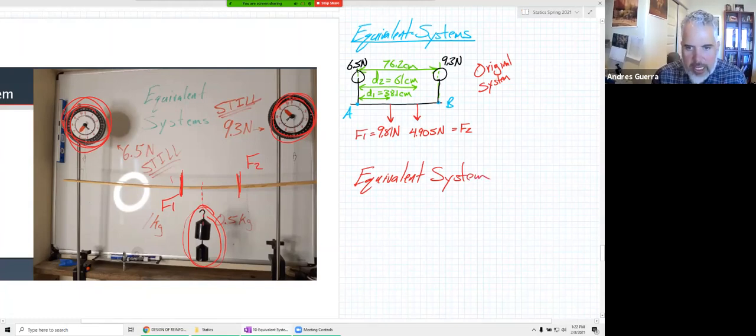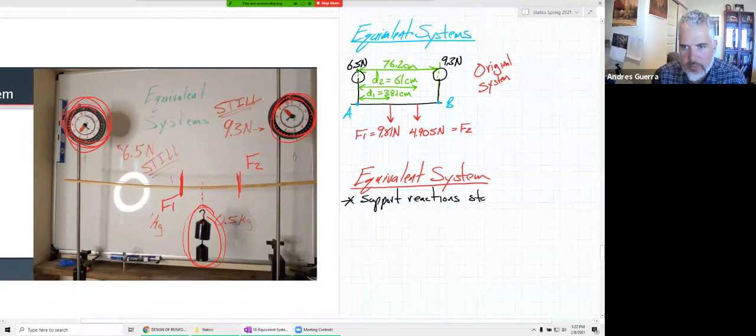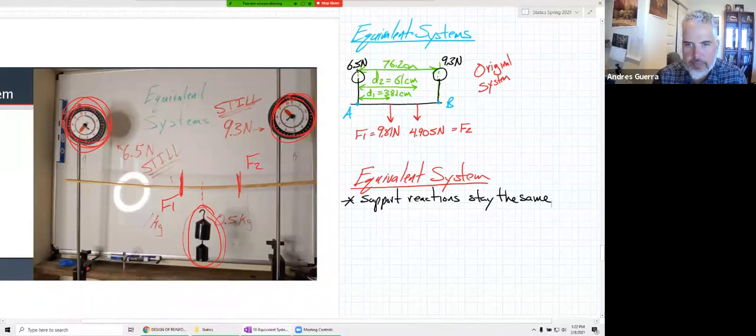What this means is that the support reactions stay the same. That's what it means to have equivalency.